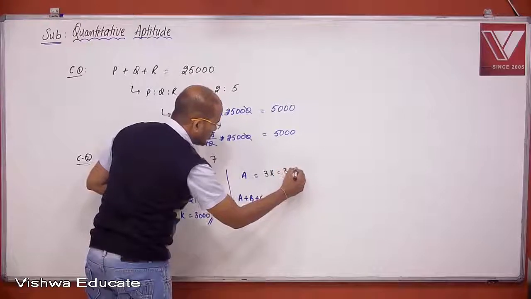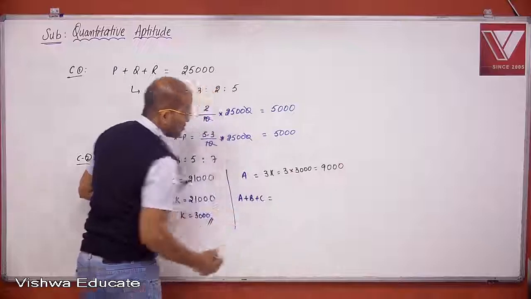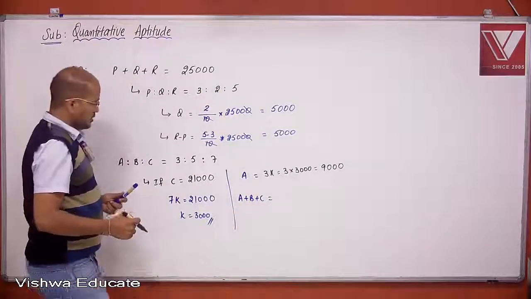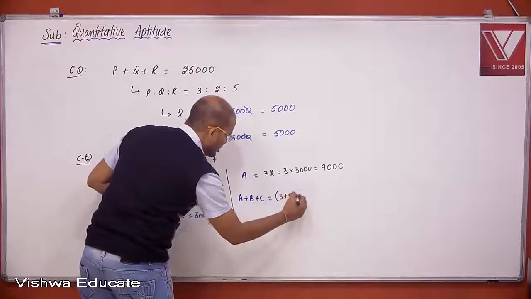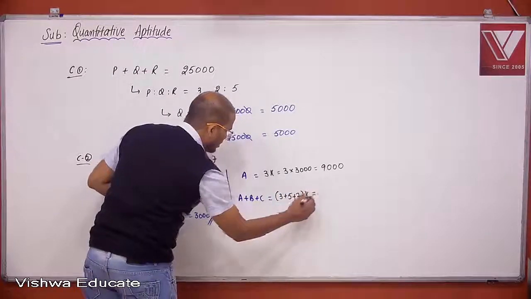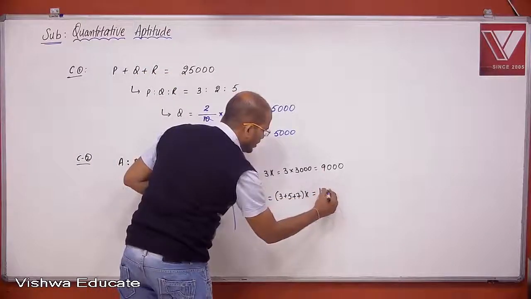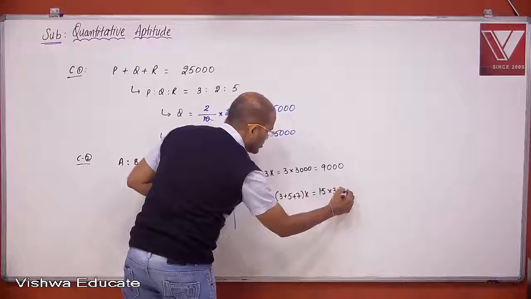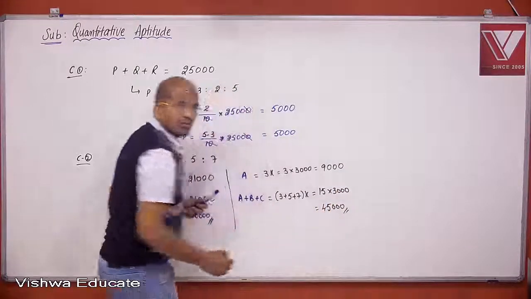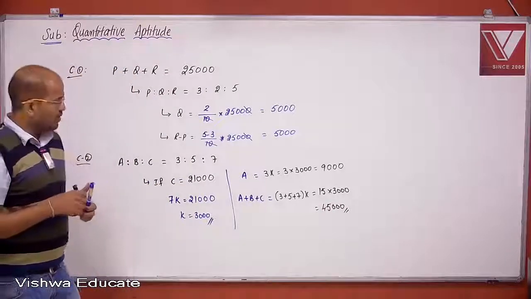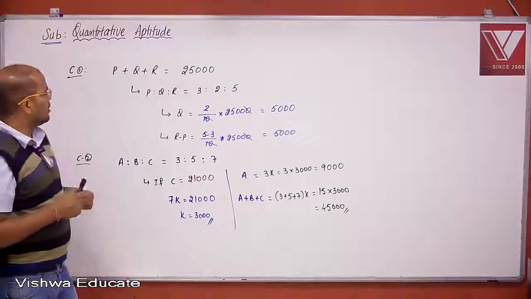So 3 into 3,000 is 9,000. And what is A plus B plus C? A plus B plus C is 3 plus 5 plus 7k. 3 plus 5, 8 plus 7, 15. So 15 into 3,000, that would be 45,000.